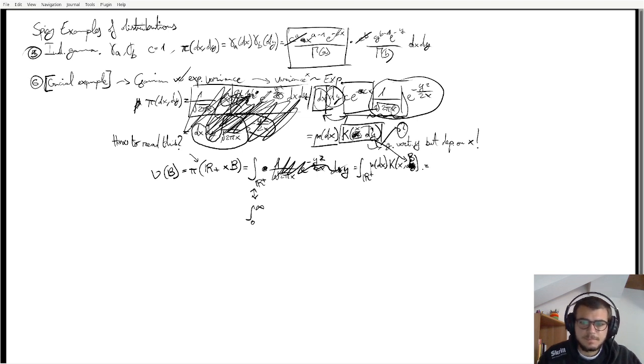Well, let's keep going. R plus, it's indifferent if it's above or below, it's the same. Here we have this dx dy. I mean, this is a bit confusing in the notes. It's not really linear, maybe, in the way it is written.